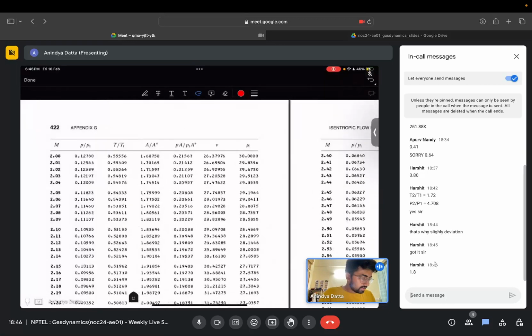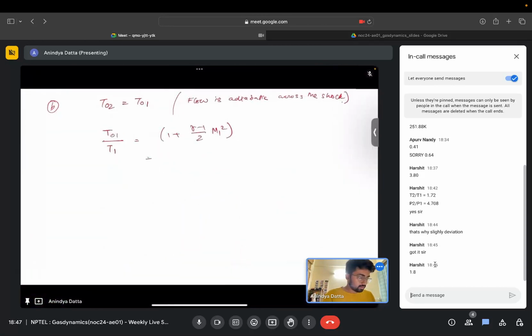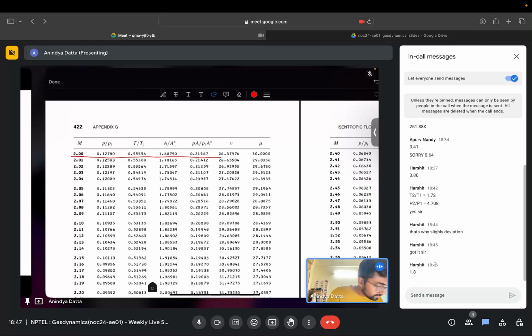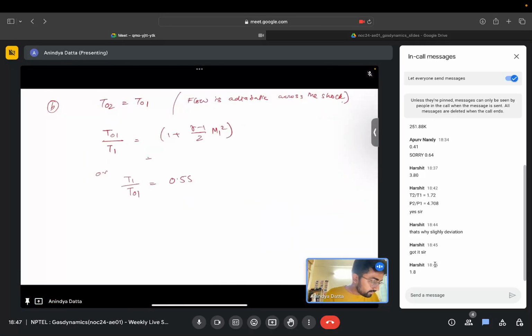Okay, so here, this row. Here we see that T by T0 is given, or we get T1 by T01 equal to the value 0.55556 from the gas table at M1 equals 2.0.